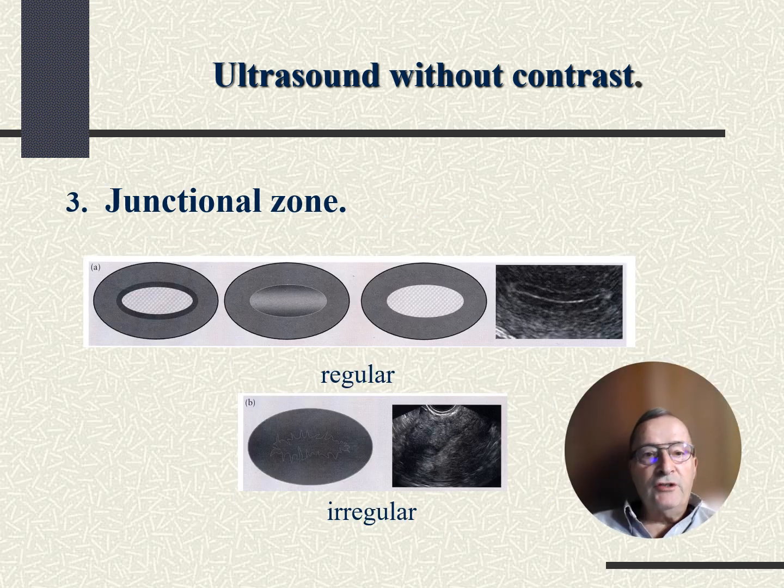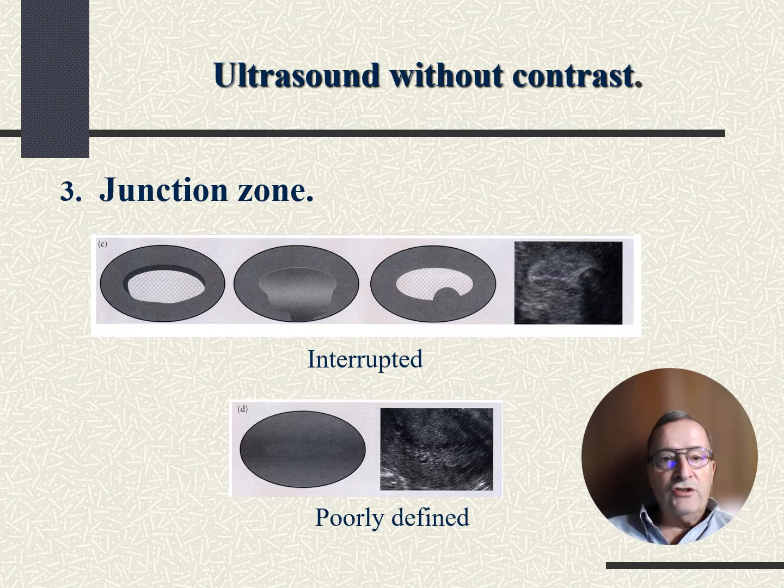The third point to be described is the famous junctional zone. And we can see it very clearly in all these examples. And this junctional zone is clearly well defined during the first phase of the cycle. Sometimes it's impossible to see it, and it can be a good sign for adenomyosis.